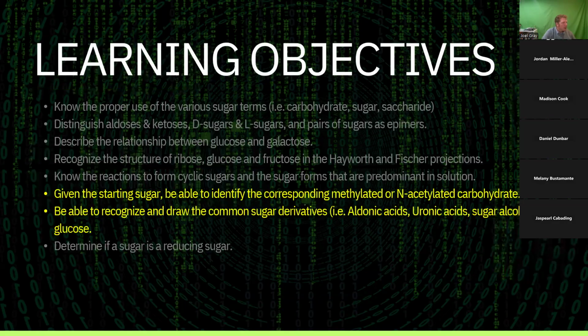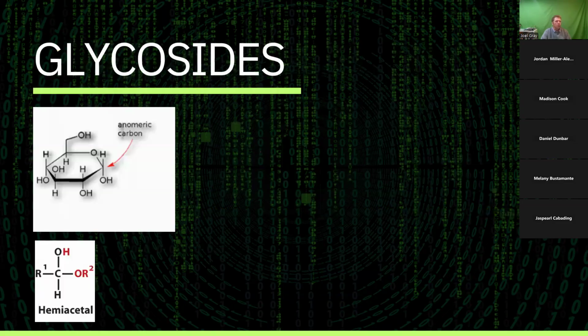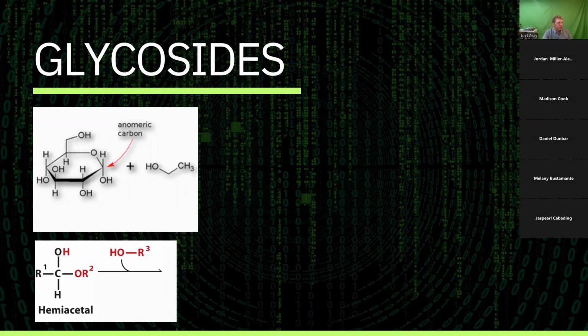Now, what I also want you to be able to do is, if I gave you a sugar, I want you to understand what happens to it. So when we form a hemiacetal, we have a newly formed chiral carbon. That chiral carbon can react with another alcohol.